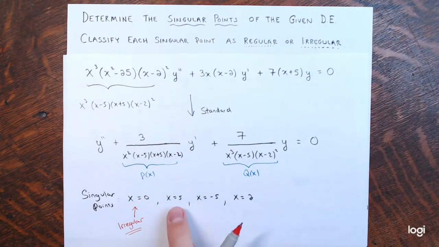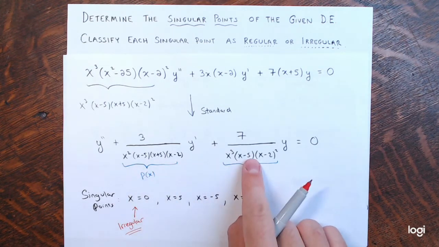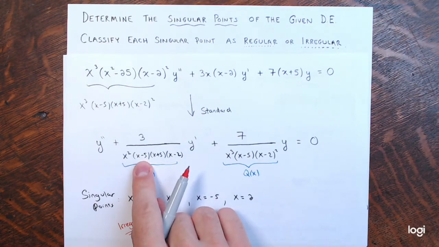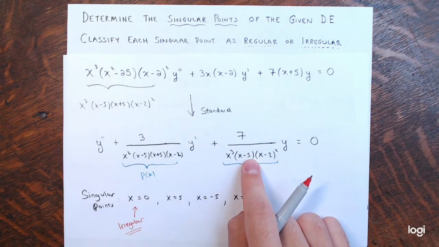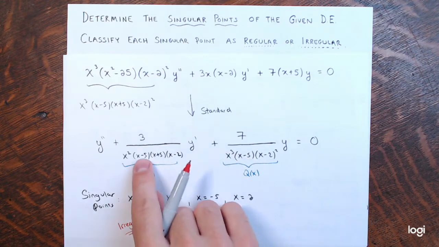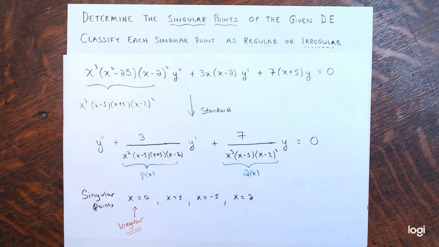Now x equals 5, how about that? I'd be multiplying by x minus 5. Now if I do that to here, and then I'll be multiplying this by x minus 5 and this by x minus 5 squared. And either way, there'd be no factor of x minus 5 in the denominator anymore. So the resulting function would be defined at x equals 5, and being rational would therefore be analytic at x equals 5.